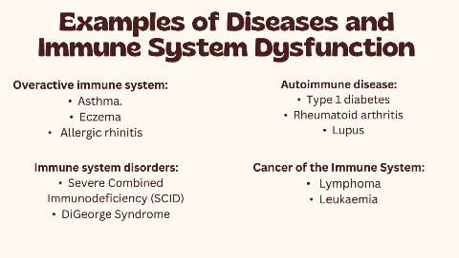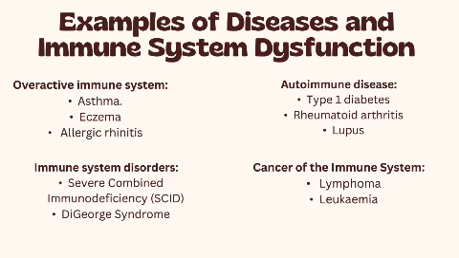So now let's have a look at cancer of the immune system. This is a type of cancer that starts in the immune cells of the lymphatic system. For example, we have lymphoma, a type of cancer that starts in the immune cells called lymphocytes, causing them to grow uncontrollably.